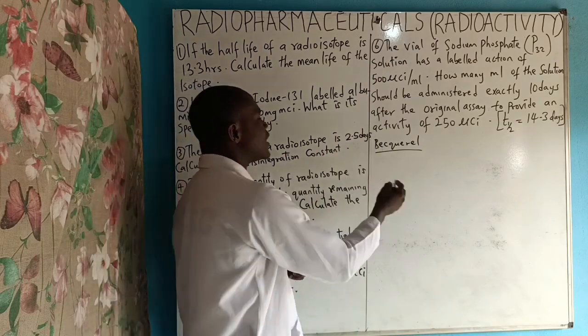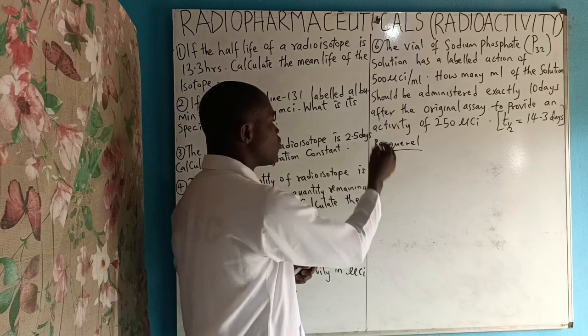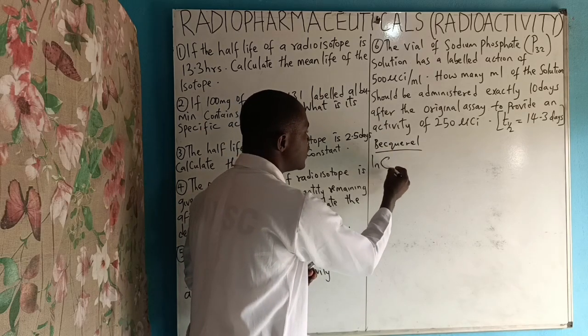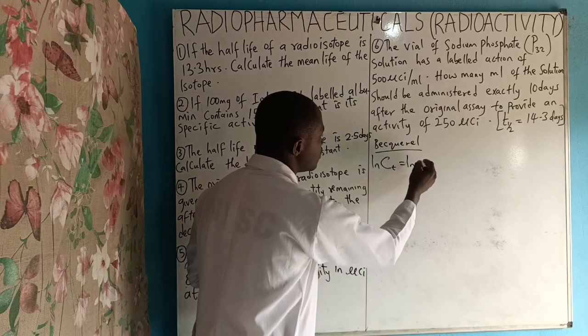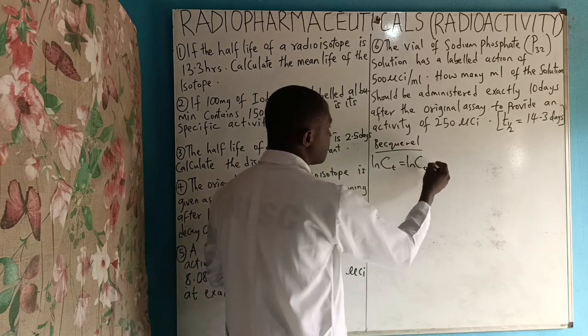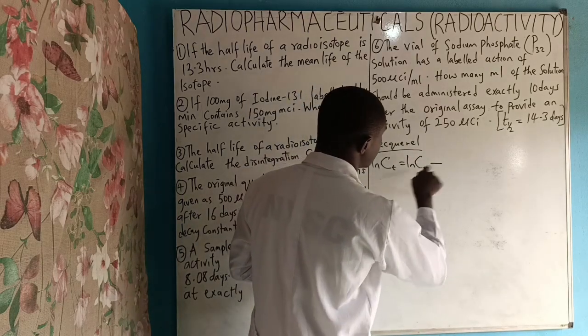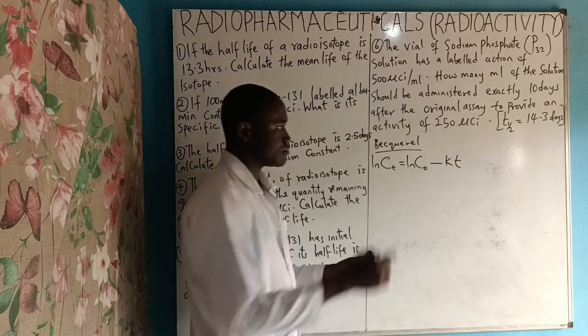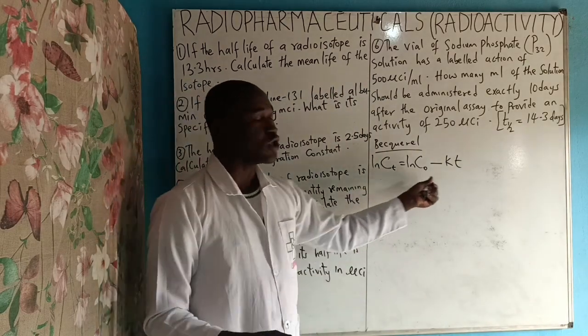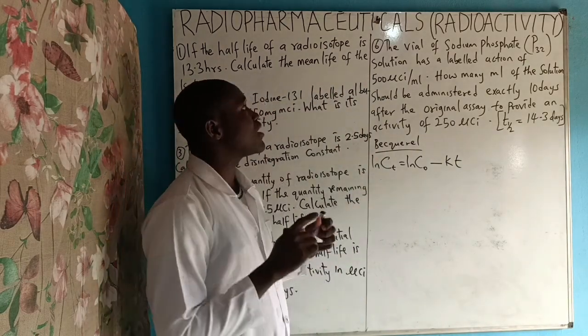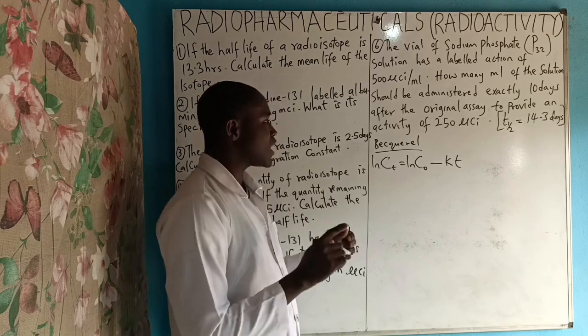And so we say that since it obeys the first order reaction equation, it will obey this rule: ln C equals ln C0 minus kt. That is what we are saying, that radioactivity obeys the first order reaction equation.